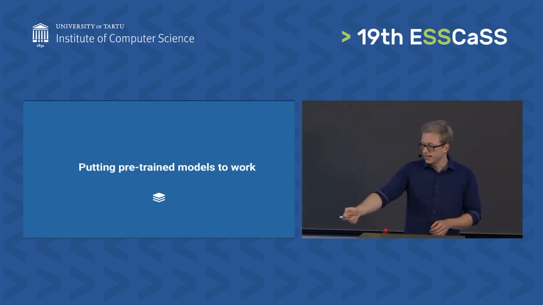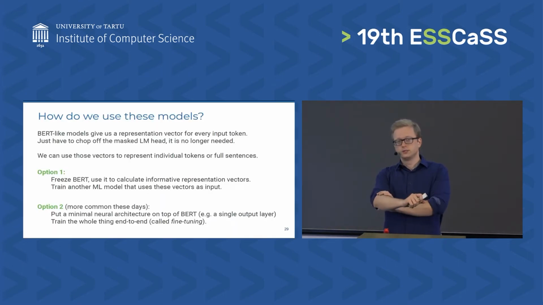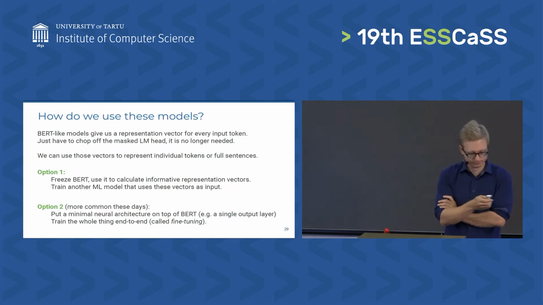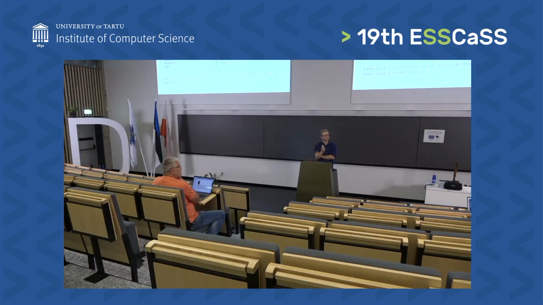Okay, so next, let's see how to actually use these models. So BERT-like models, oh, yeah? A bit about the representations. You mentioned that there would be something like 8 or 12 of those layers of these self-attention modules.